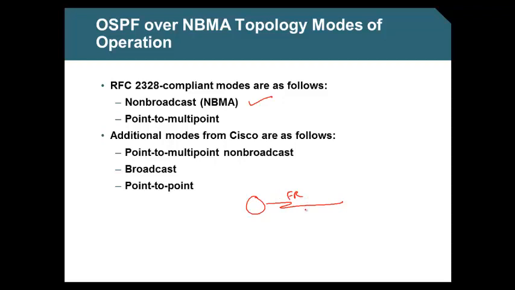When you don't have frame relay, the default encapsulation is going to be HDLC if it is Cisco. If it is non-Cisco, it is going to be PPP, point-to-point protocol. Then your network type will be point-to-point.